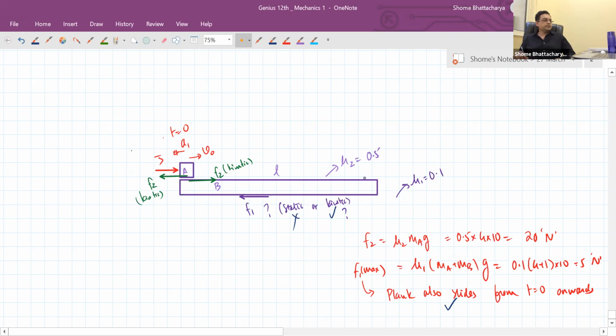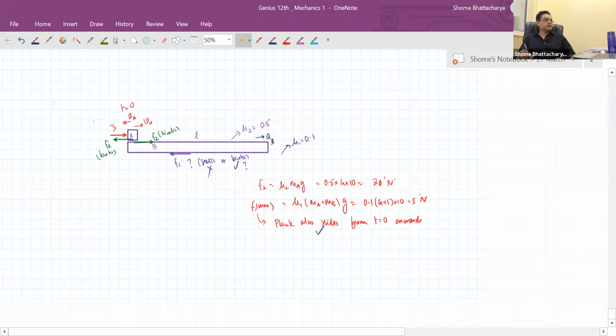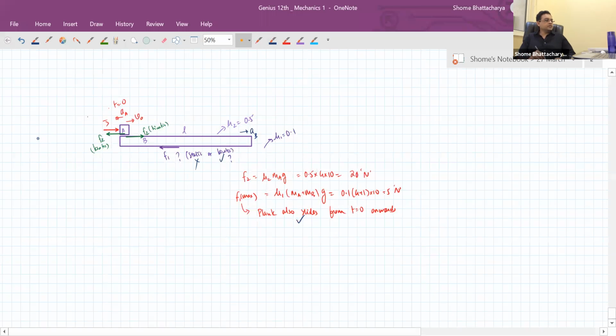We know that B has a forward acceleration aB, let's say, and A has a deceleration. Now from dynamics we can find out, in the ground frame, all this I made with respect to ground only. The deceleration of A will be mu g for it. That's the standard case. So it will be mu2 g, so it will be 5 meters per second square.